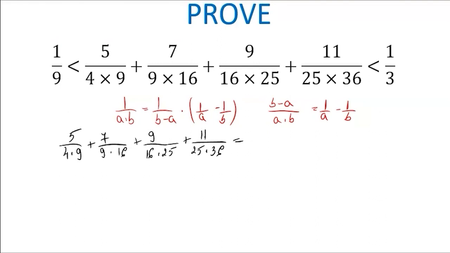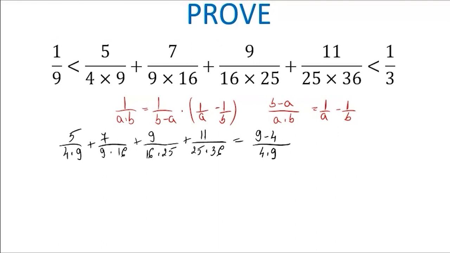This one equals 9 minus 4 over 4 multiplied with 9. Yes, basically I'm going to rewrite the numerator, the results of the numerator. I'm going to write it as 9 minus 4, because 9 minus 4 equals 5.